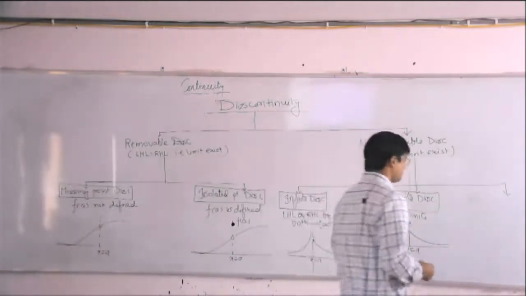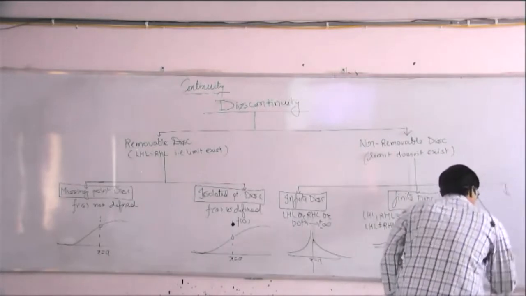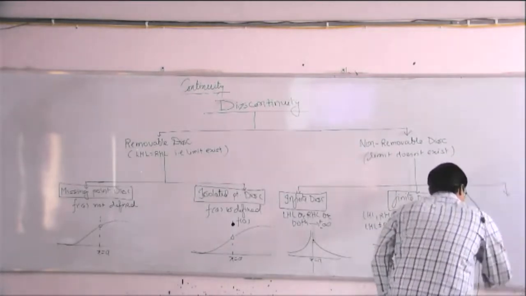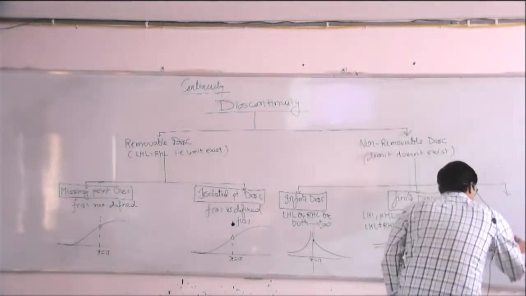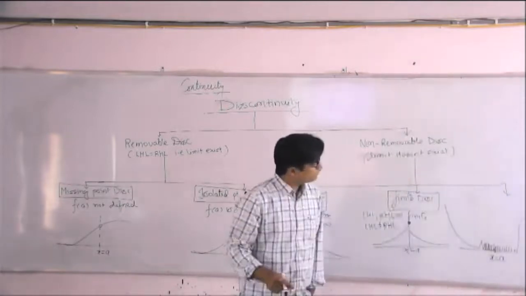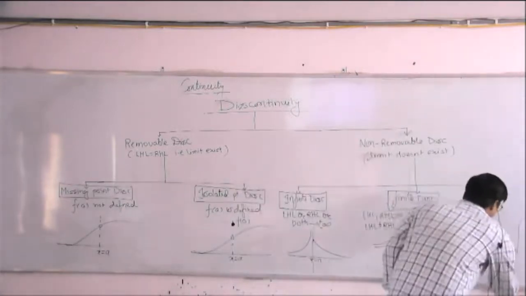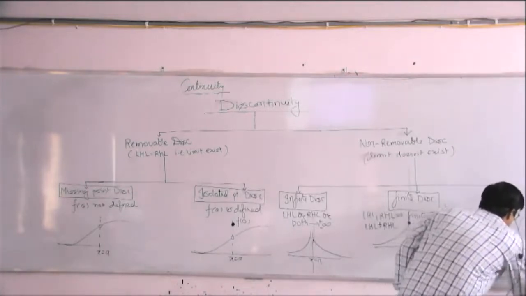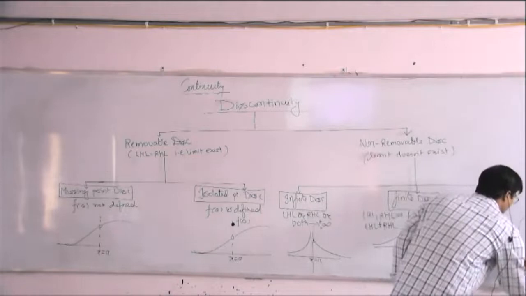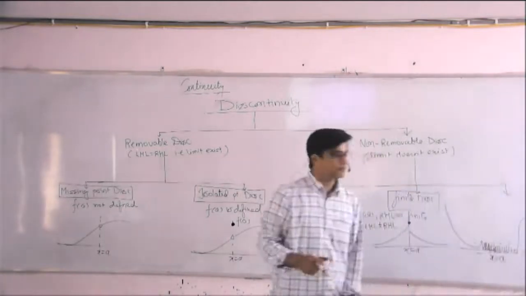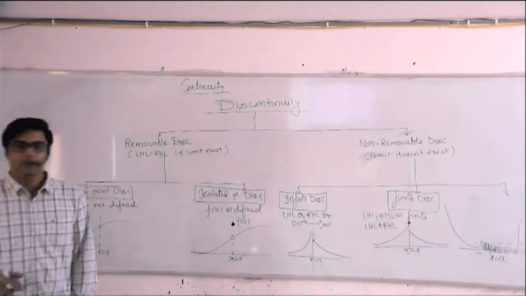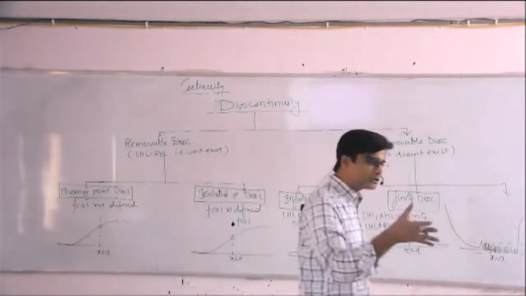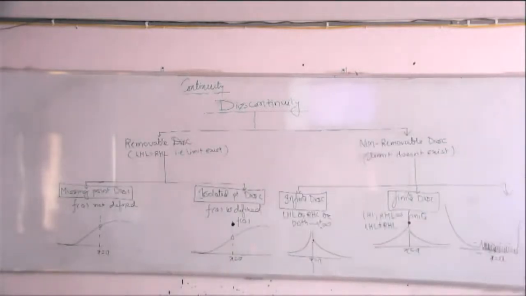Now the last one. Let's say this is 1, this is minus 1. Near x equals to a, your function oscillates too much between two finite values, let's say plus 1 and minus 1.